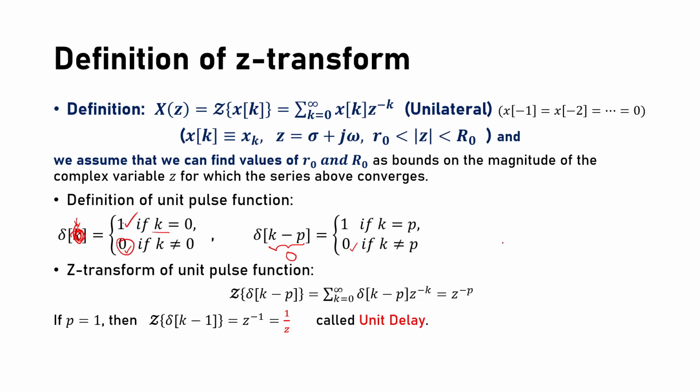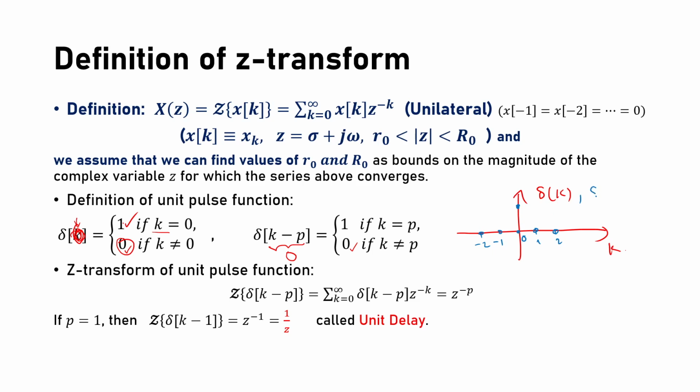So maybe it's better to look at the graph. This is k, and this is delta of k. Delta of k equals 1 when k is 0 here, and at k equal to 1, 2, it's always 0. Even for k minus 1 or minus 2, also 0. So it's 1 only here.